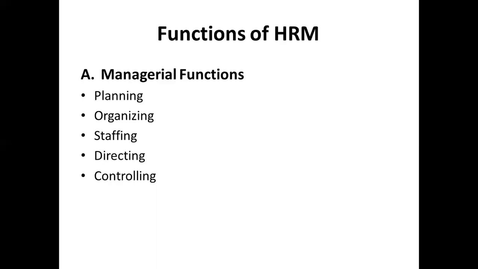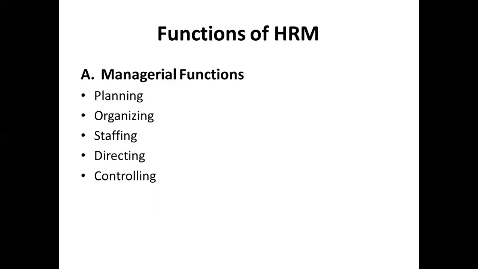It includes deciding what type of people to be hired. It is not just that you recruit or select people and bring them to the organization. You need to decide what kind of people need to be hired, recruited, and selected, and also how you evaluate their performance, what kind of compensation you give them, and the training and development you are going to provide to the staff.